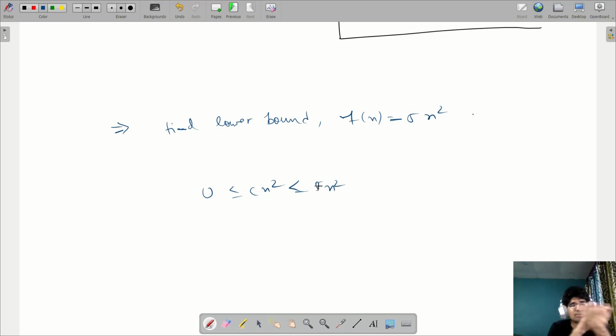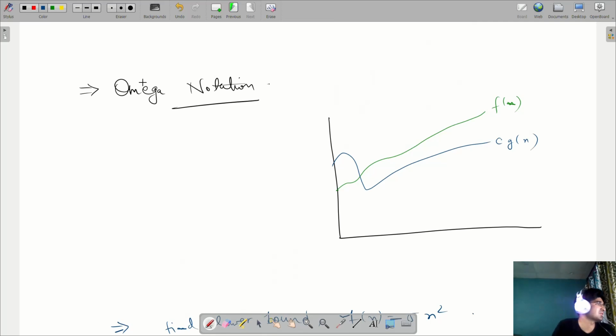But before I solve this problem, let me mention a few things. I don't want you to get confused, but let's discuss this point as well. We just need a lower bound.